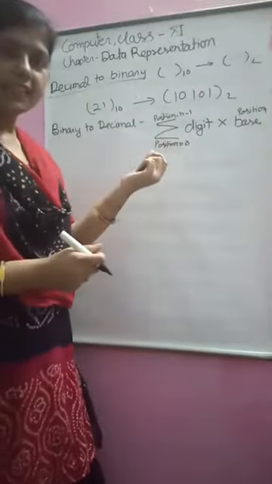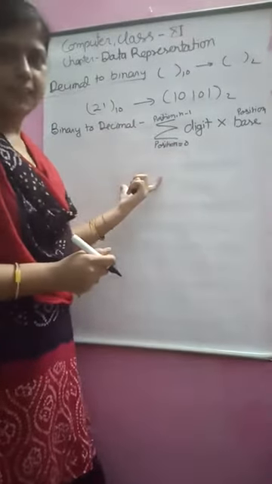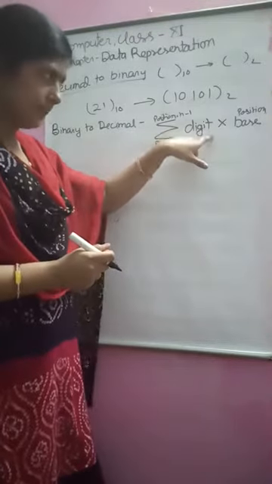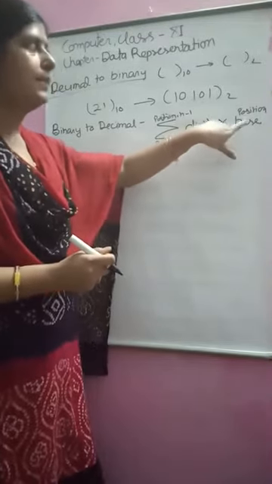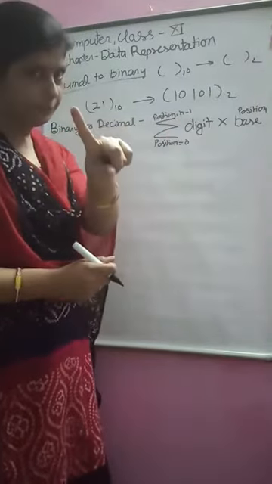Each digit has a weight and you have to sum up all the weights. How can you calculate the weight? Digit multiplied by the base to the power of the position value.